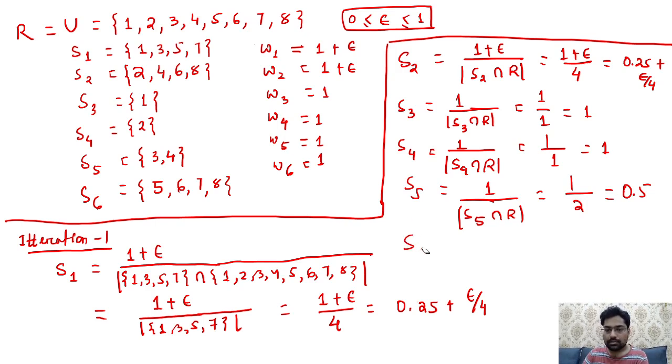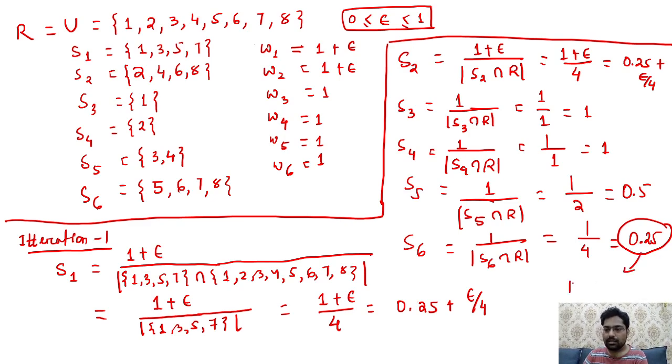Now for S6, it is 1 by S6 intersection R. The number of elements, if you intersect, you can find 5, 6, 7, 8. So 1 by 4 is equivalent to 0.25. This 0.25 is a minimum.